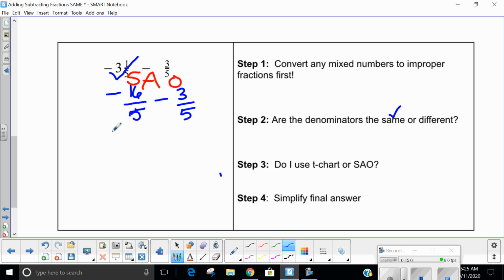Then I'm going to say the first number stays the same, negative 16 over 5. I'm going to change subtract to add, so this becomes addition. And then I'm going to change this to the opposite, so 3/5. The opposite of positive 3/5 is negative 3/5.